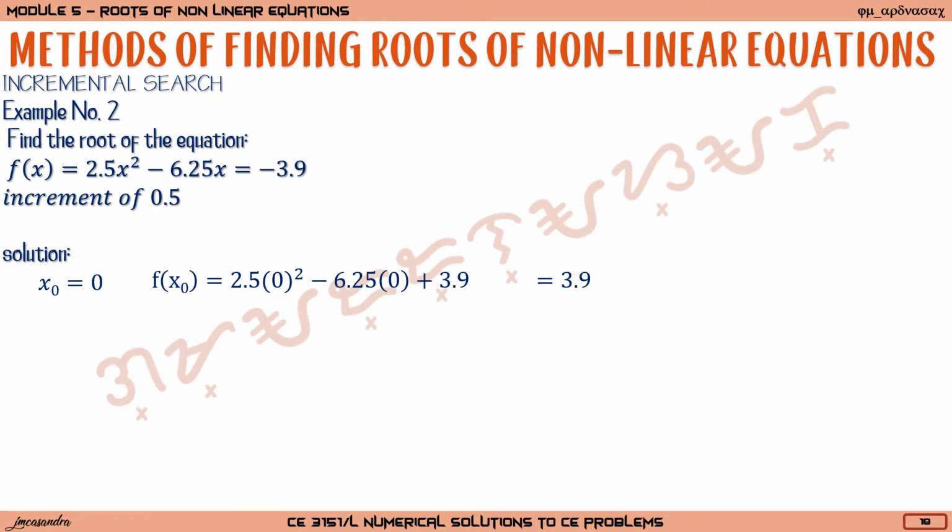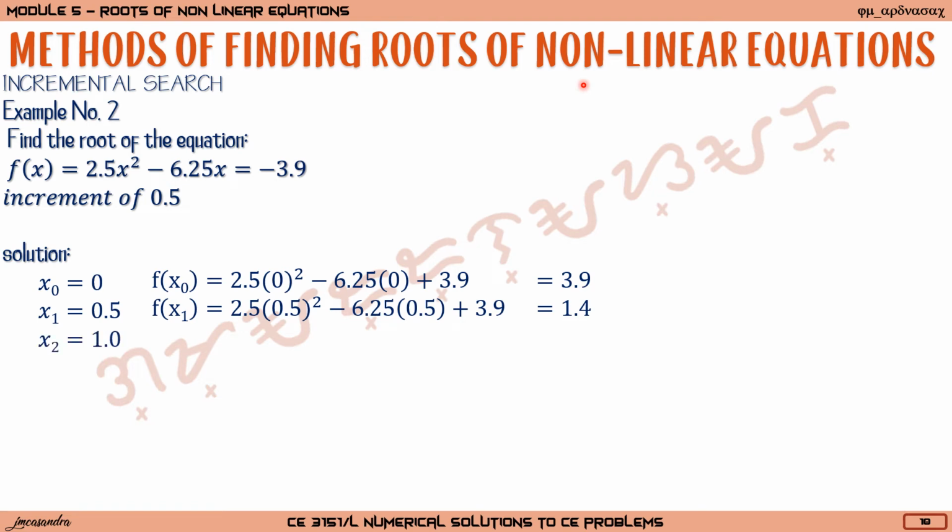So increment of 0.5, so 0 plus 0.5 will give us 0.5. Substitute this in our equation, we'll now have 2.5 times 0.5 squared minus 6.25 times 0.5 plus 3.9, which will give us a value of 1.4. So no equal to 0, no change in sign, so we continue with our increment.